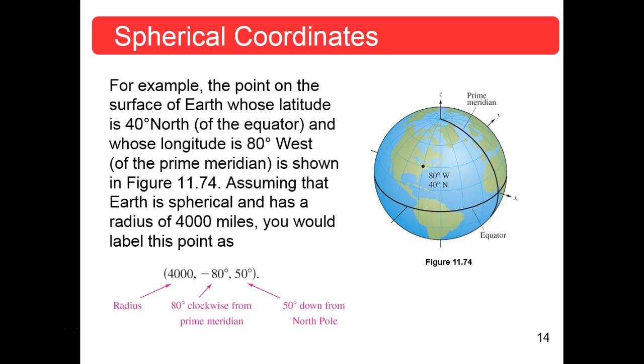Counterclockwise would be positive, so it would be negative 80, that's west, and then 50. Oh, no, sorry. Spherical coordinates measure down from the North Pole. Why didn't they show us that first? That would have made more sense. You measure down from the vertical, so 90 minus 40 is 50, and that's what you use there.